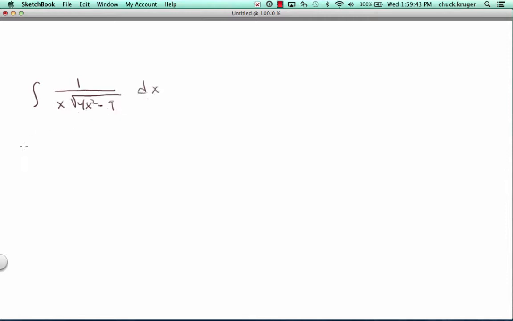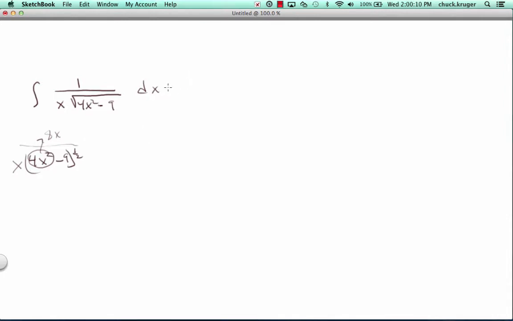Now again, if I look down here, I have 4x squared minus 9, and it's in the 1/2 power in the denominator. So I'm thinking about reversing the power rule, but I would need the derivative up here being 8x, and I don't have that. I have an x out front here, but that's not going to help me if I'm trying to reverse the power rule.